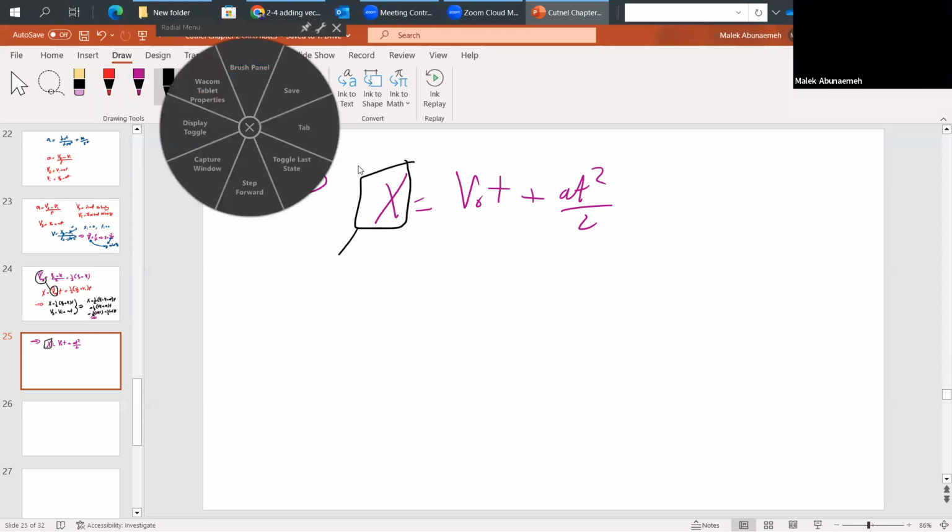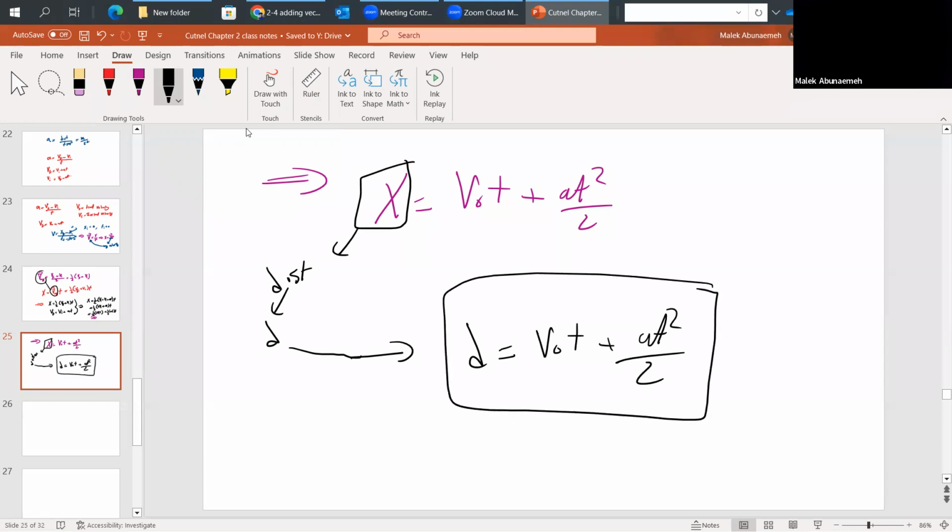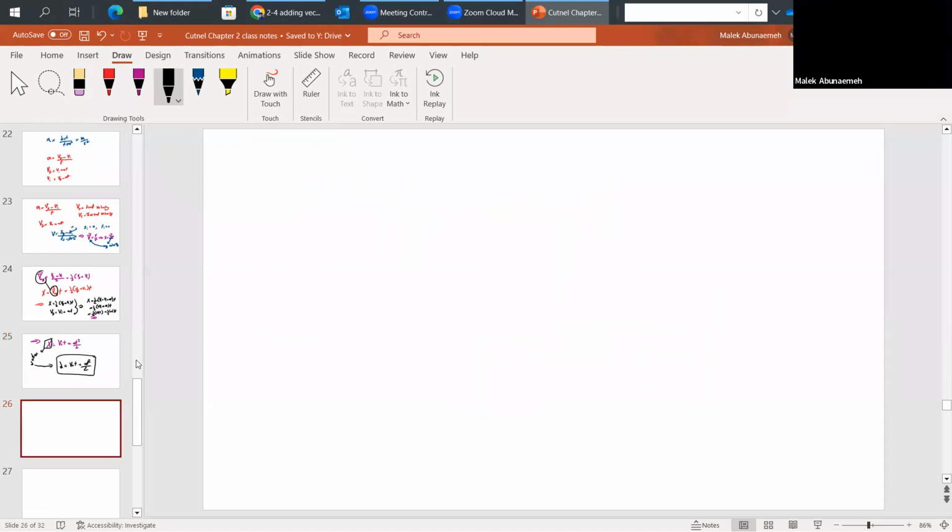So usually your X is distance, and we actually give distance a variable D. Which means your D is going to equal V naught T plus A T squared over 2. And that's our distance equation formula.